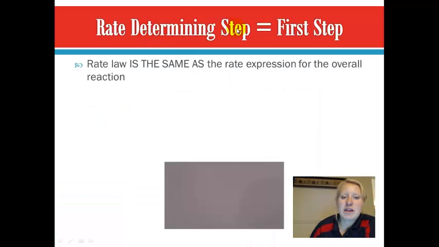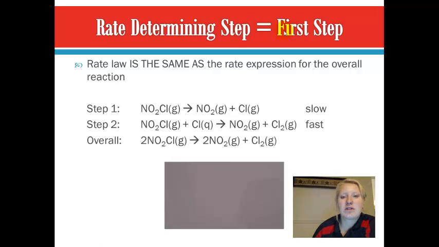So, when the rate determining step is the first step, the rate law is the same as the rate expression for the overall reaction. So here's an example. This is a two-step reaction. NO2Cl goes to NO2 plus Cl gas. This is a slow step. It's the rate determining step. In the next step, another NO2Cl molecule comes in and reacts with Cl to form NO2 plus Cl2.